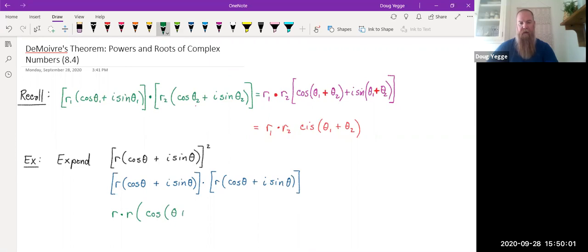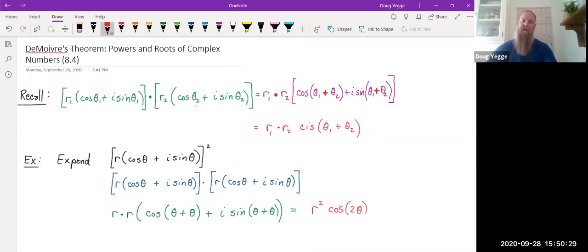So we get cosine of theta plus theta, plus I times sine of theta plus theta. And so if we were to simplify this, then that simply becomes r squared times cosine of theta plus theta, which is 2 theta.